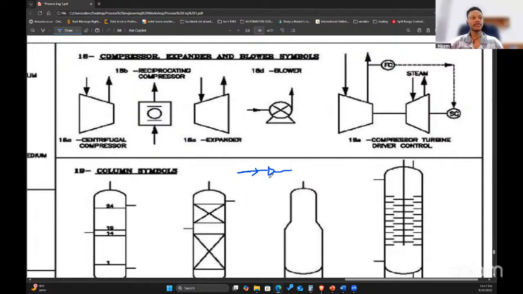The scale is smaller compared to the scale of the compressor you're seeing here. For a compressor, the scale of the compressor is going to be bigger. The compressor is not like something on the pipeline, but the reducer and expander is something on the pipeline, right? If you want to have a visual representation of it, it's going to be something like this.